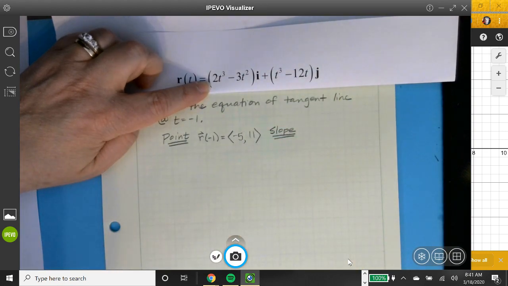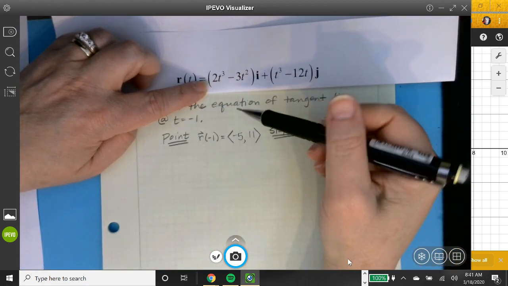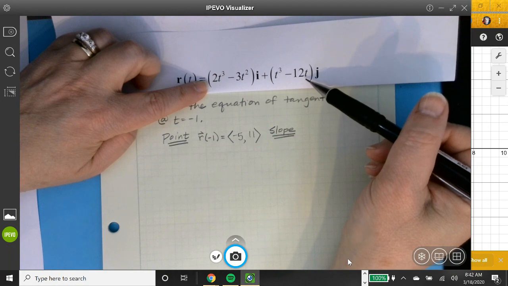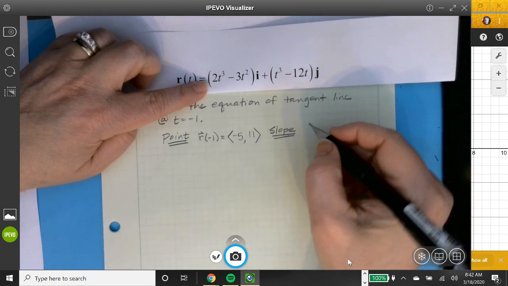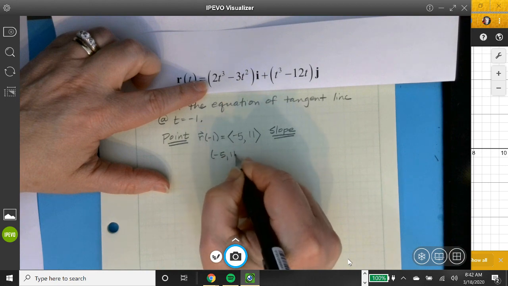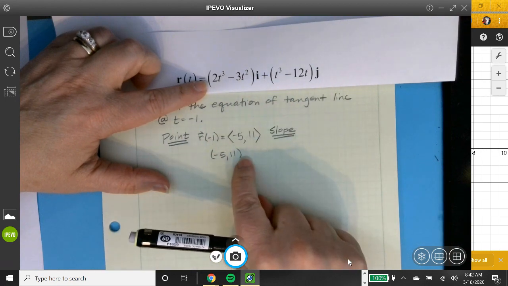All right. Let's see. Does that work out in our own mind? Let's try again. -1 minus, yeah, I feel good about that actually. All right, the slope. So this means the point is -5, 11, because this position function is pointing at this point.